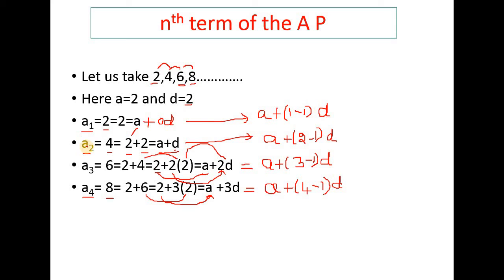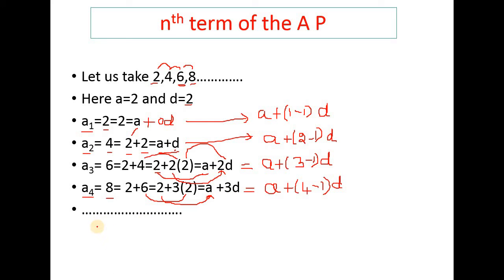A2 is A plus 1D, which is A plus 2 minus 1 into D. A3 is A plus 2D, which is A plus 3 minus 1 into D. A4 is A plus 4 minus 1 into D, because we got the answer A plus 3D.